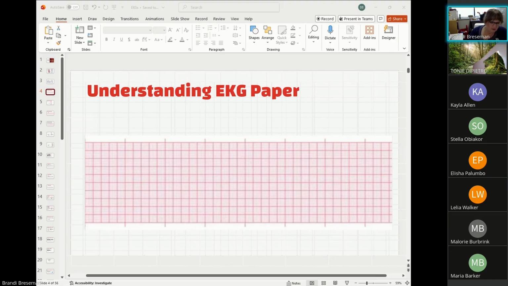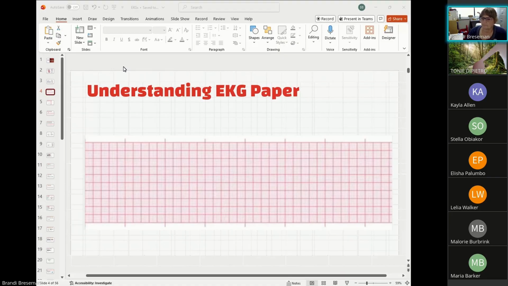Each box is a second. So there are going to be 6 of these little bars right here, and that will give you 6 seconds. So when we look at a strip, we're typically looking at a 6-second strip. That's why I said when we measure things, we're measuring in fractions of a second.